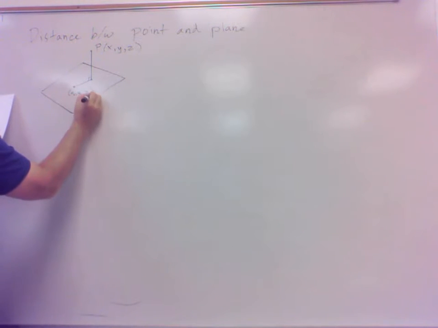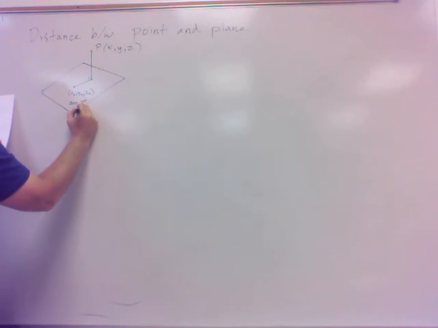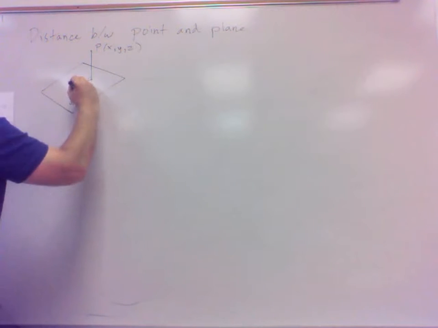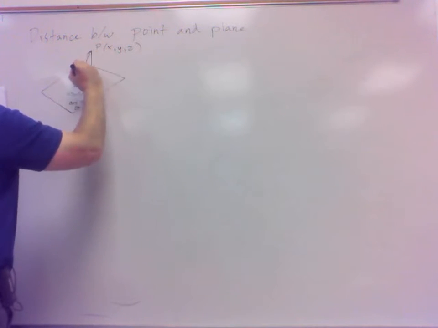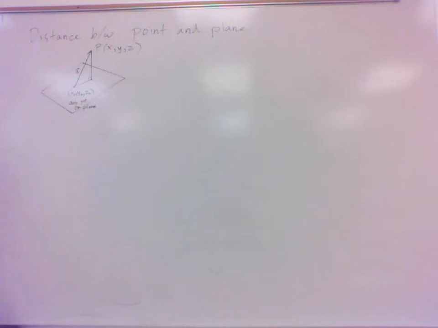So that's any point on the plane. Let's also do what we did with the line, and make our U vector from that point on the plane. Call it the U vector.